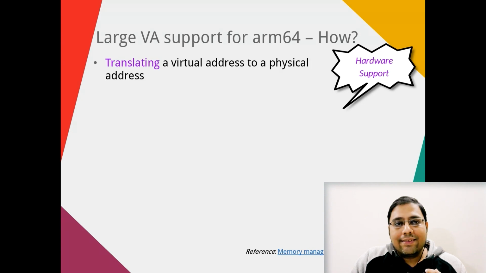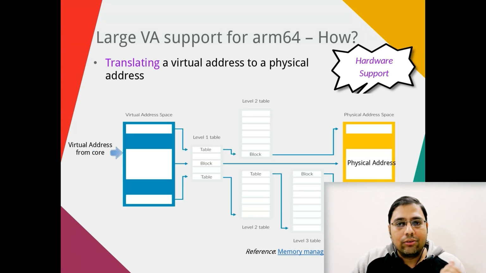But still, let's see a simple example to understand how the MMU works when the CPU issues a virtual address, and how it finds an equivalent physical address. Here I'm taking an example specific to the ARM64 architecture, but the basic underlying principle is valid for other architectures as well.